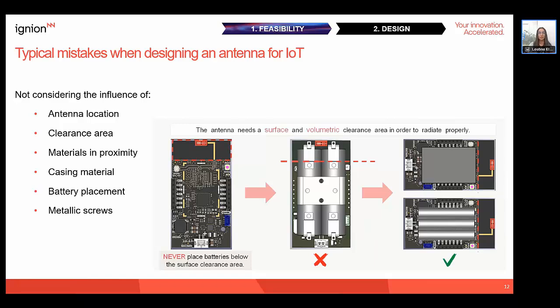So the clearance area is an area free of any type of metal. When I say metal, I say batteries, screws, metal casings, anything that can affect the radiation of the antenna. Okay, so if we can avoid these points, you will see that the performance will be higher compared to if we don't.